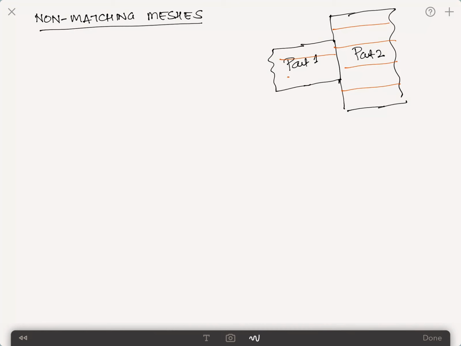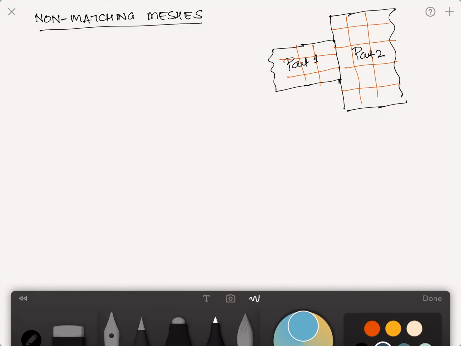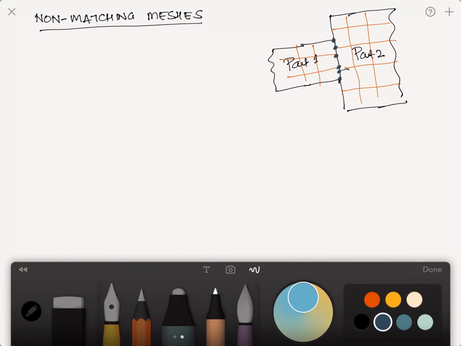So I sort of created nodes or meshes which don't have to really match with each other. Here I have nodes that were created at locations here, and of course I have some from here as well. Let me do it in a different color. For part 1, I have nodes that I colored yellow, and for part 2, I have nodes that are colored blue.